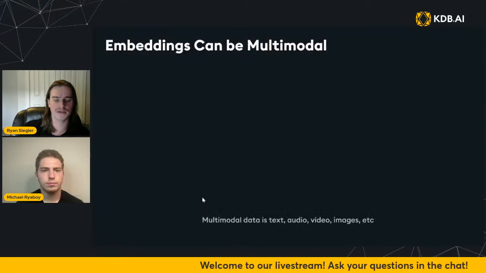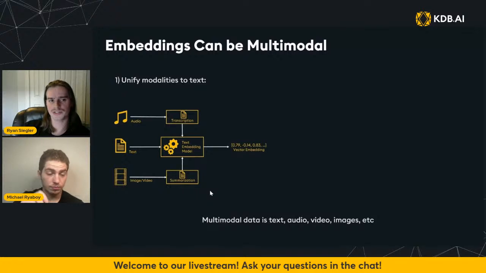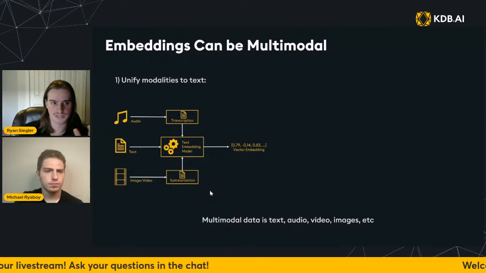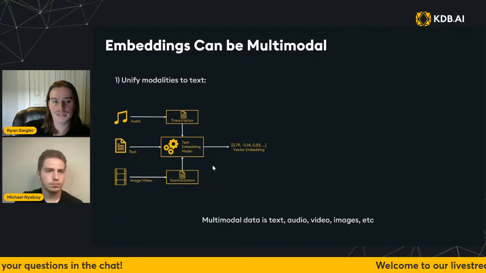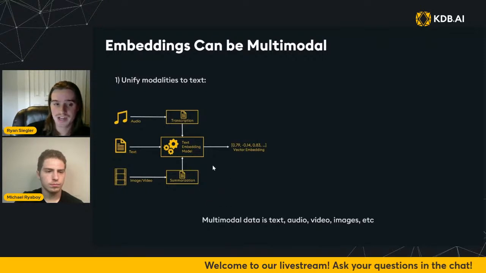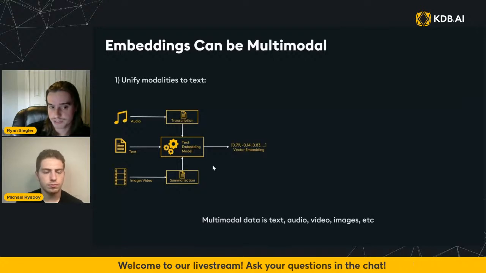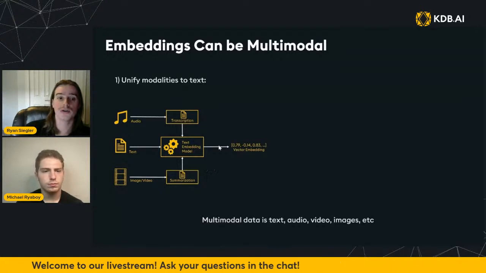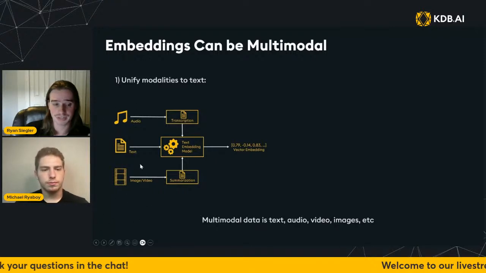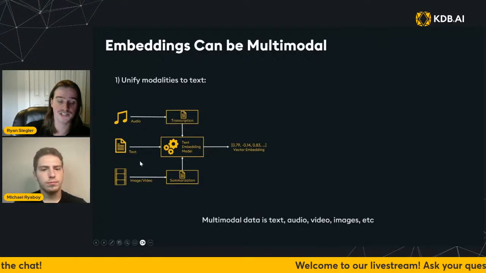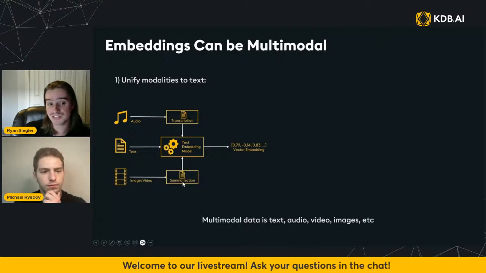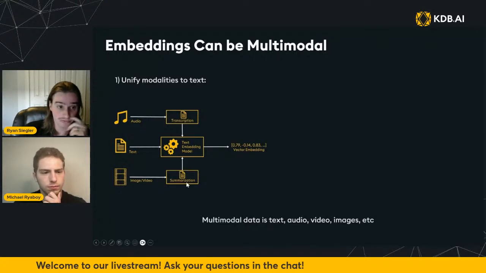And when we think about multimodal embedding models, there are a couple of different ways we could architect this. One of the reasons we might do this is because there are plenty of text embedding models, but there aren't a ton of multimodal embedding models available out there right now. So in some cases, we may get better performance by taking all of our original data, regardless of the data type that it is, and transforming it into the text modality first.